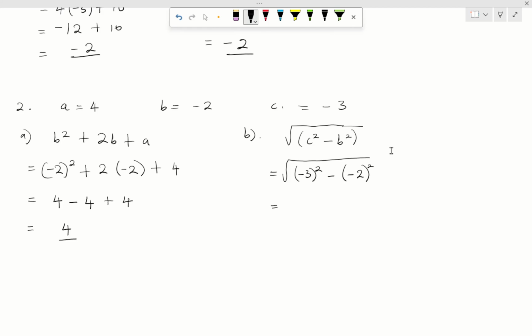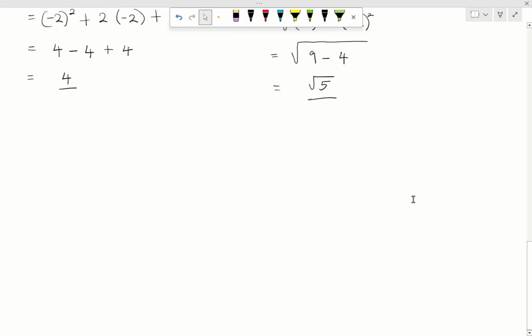So now what we have is square root of negative 3 squared, that is 9, minus negative 2 squared, that gives us 4. So 9 minus 4 is equal to 5. So our answer would be root 5.